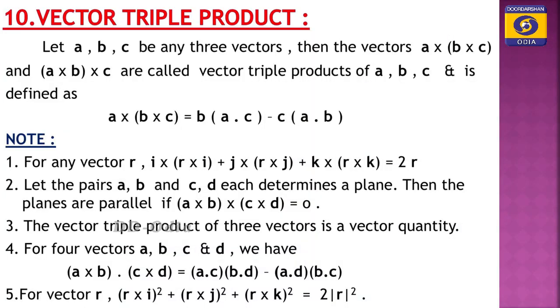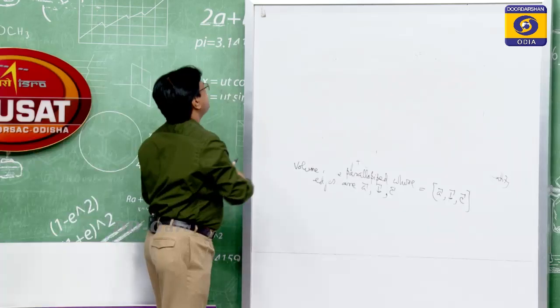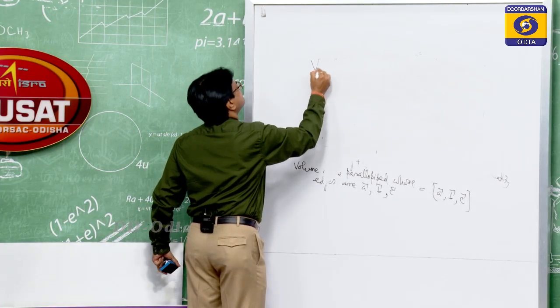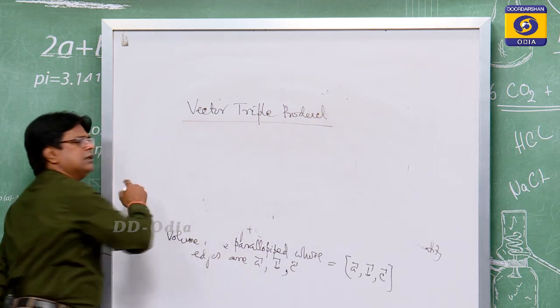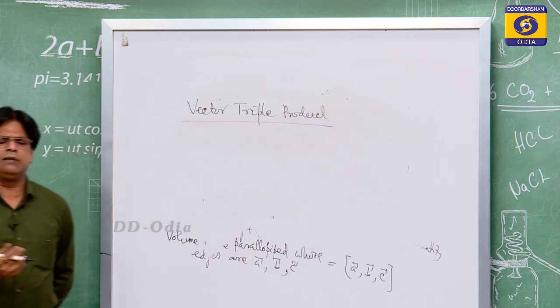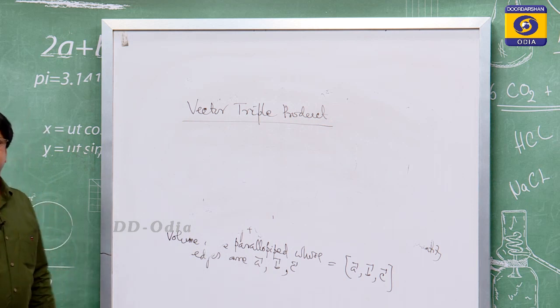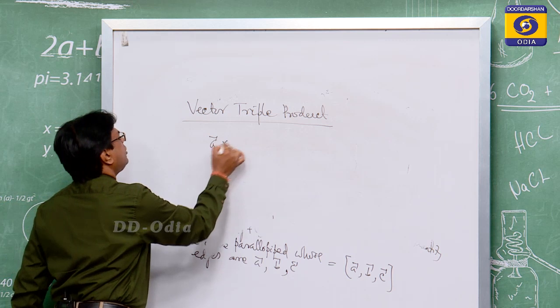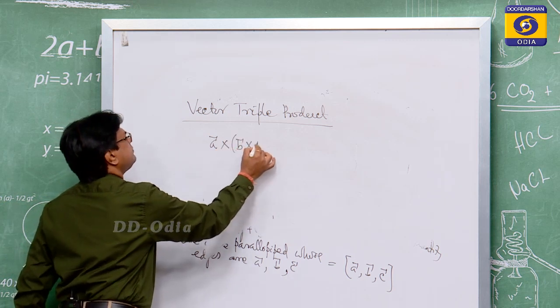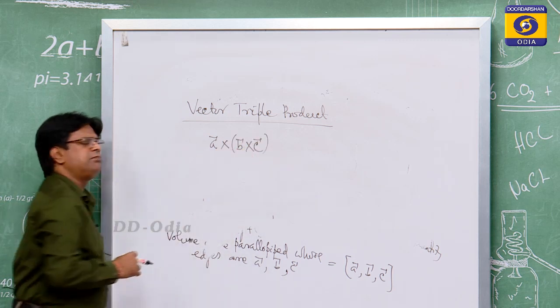Then come to vector triple product. In case of vector triple product, we have A cross B cross C. For this year, this chapter may be exempted by the CHSC. So, A cross (B cross C) is not the scalar triple product.